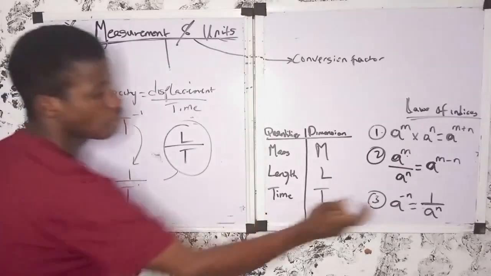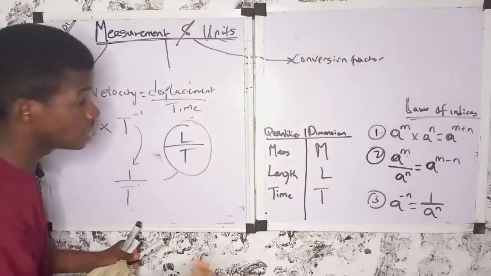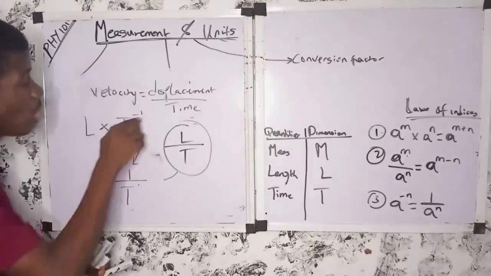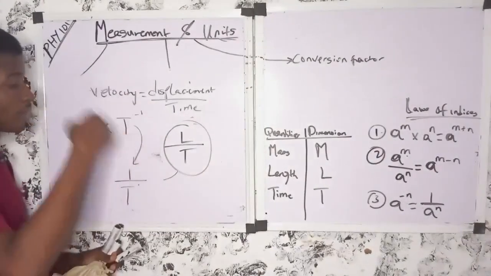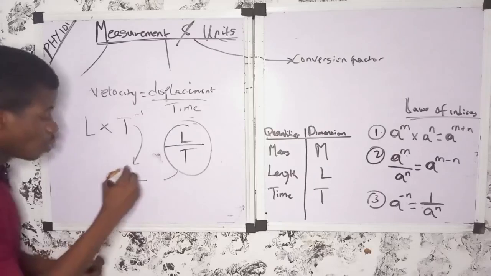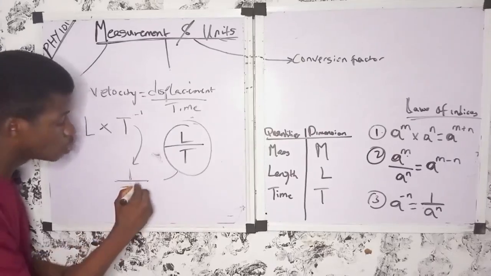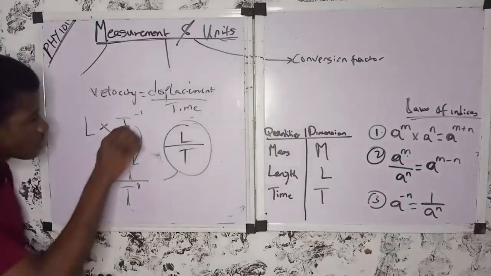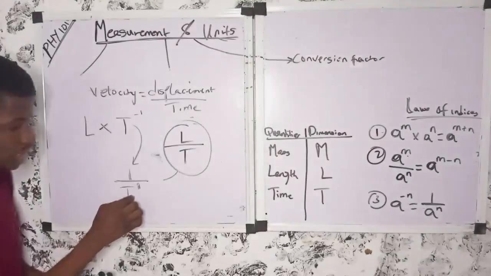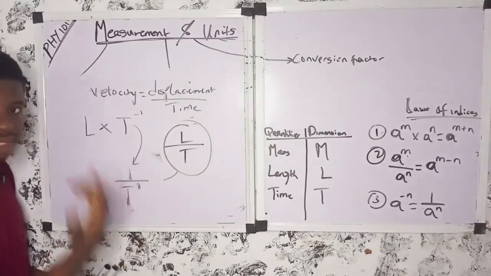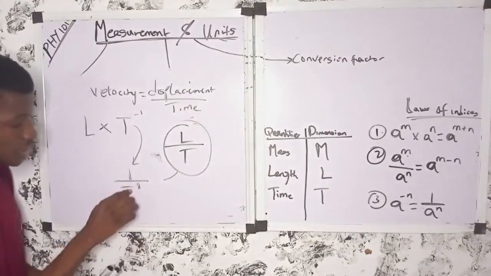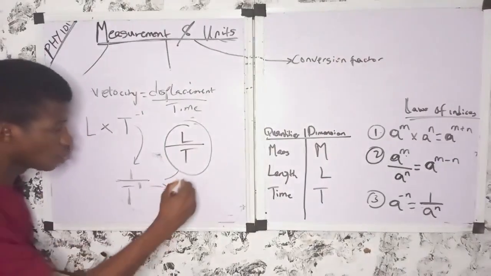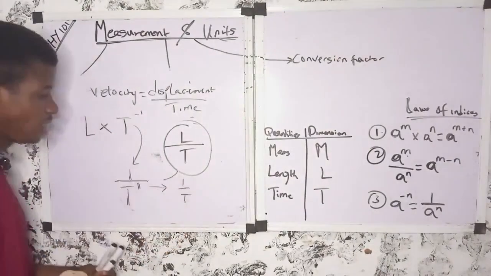That is the third law. What does the third law of indices say? When a base is raised to the power of a negative number, it's the same thing as 1 over that base raised to the positive number. So T raised to power 1 still gives us T, and this is 1 over T, right?